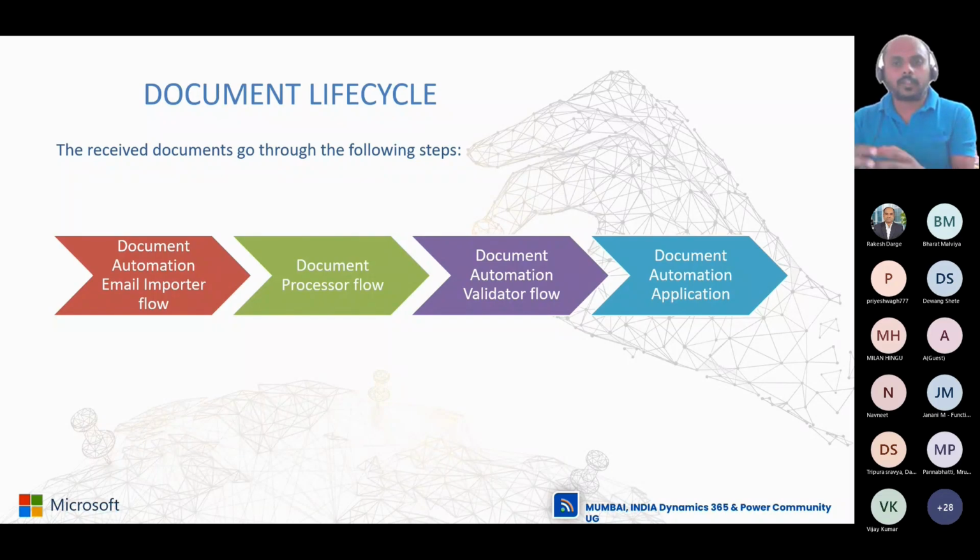Then we store that data in our database as well. At the same time, we put the status as validating data, because at this point we have only extracted it. We have not yet validated it, so we set it to that.